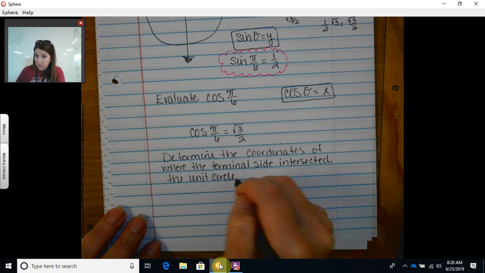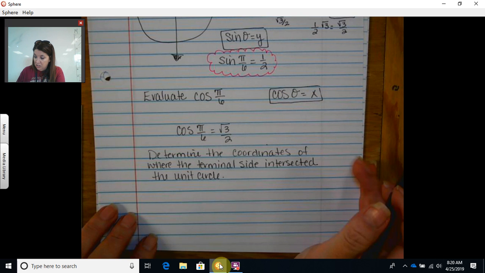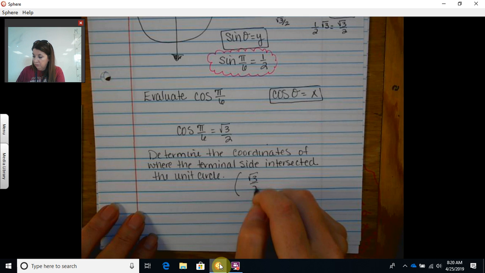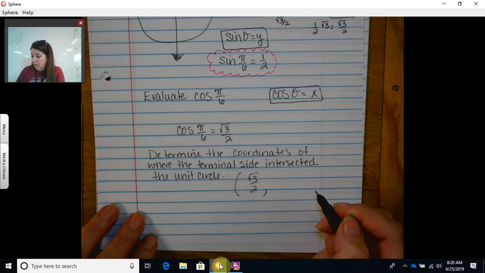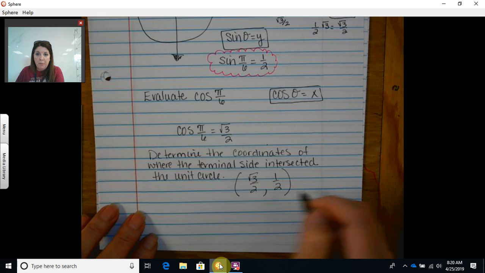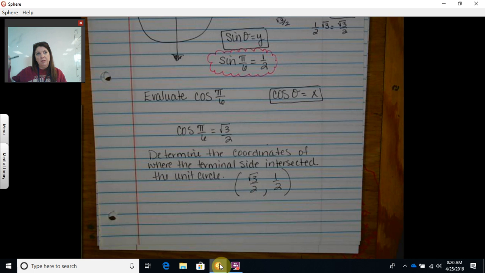So we know that's x comma y, right? So our x was square root of 3 over 2, also known as our cosine. Our y, our sine, was 1/2. And because that was a positive pi over 6, we know that it was rotating counterclockwise, because if it was negative pi over 6, then we would have to go clockwise, right?